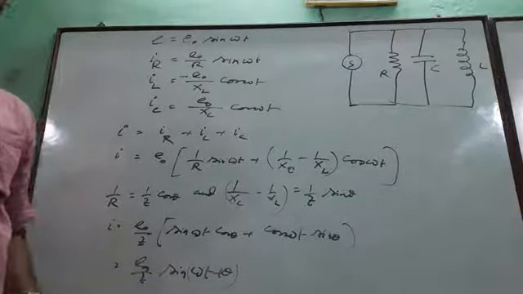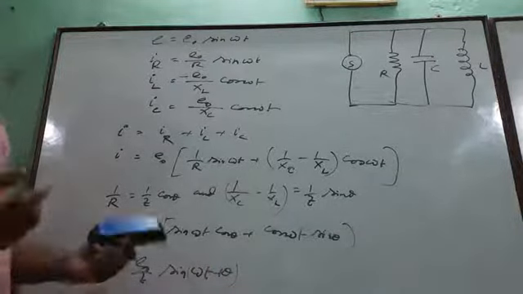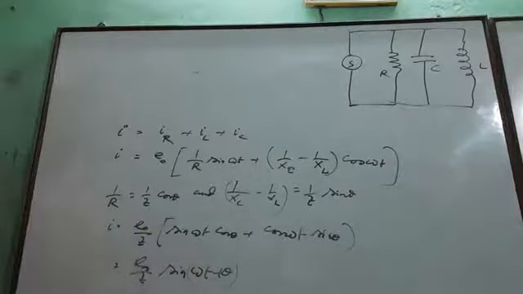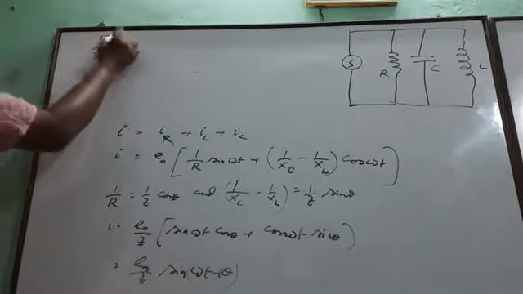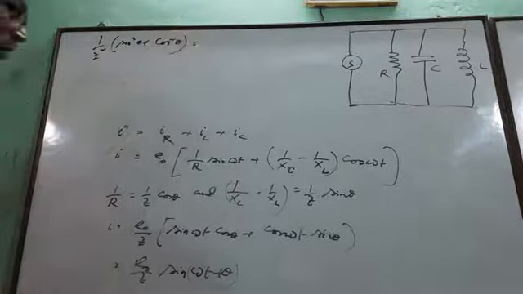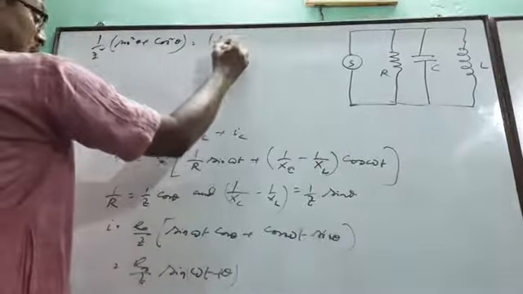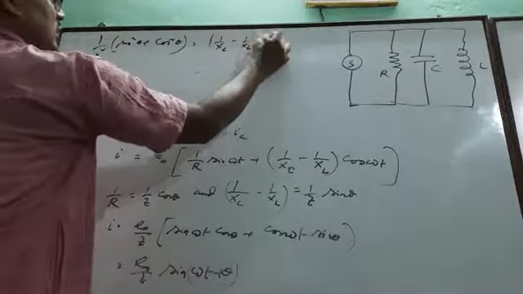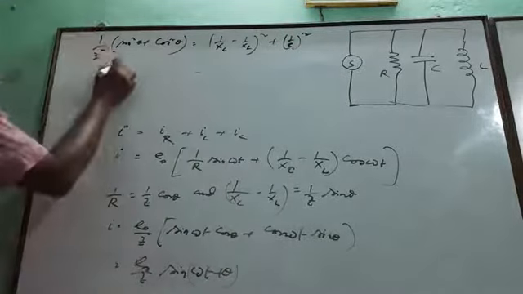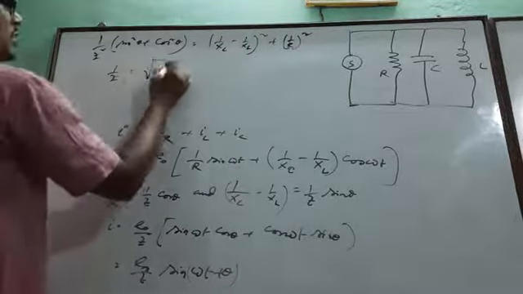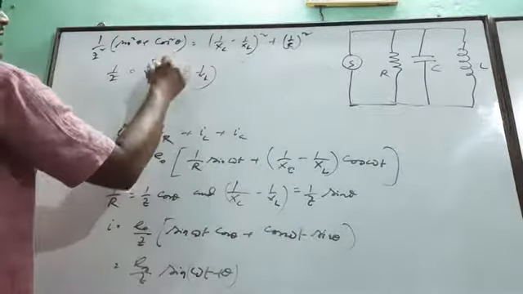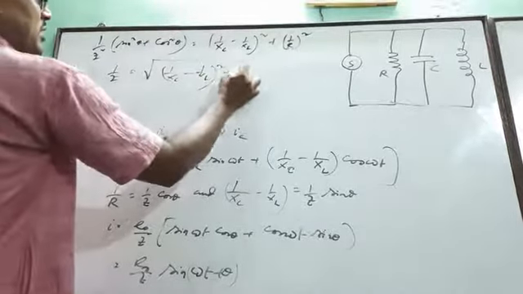So we can find out the value of Z, whatever I have considered as unknown, in this way: 1 by Z square into sin square theta plus cos square theta equals, here it is coming, 1 by XC minus 1 by XL whole square plus 1 by R square. So 1 by Z equals root of 1 by XC minus 1 by XL whole square plus 1 by R square.